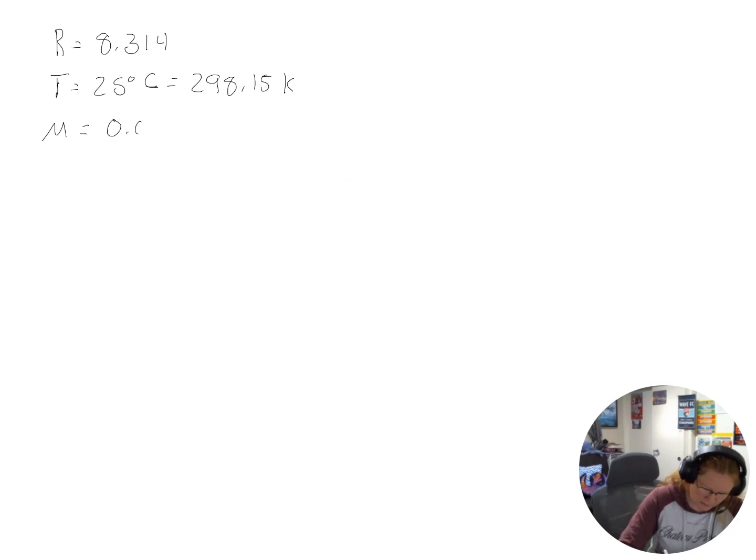We're going to use R is 8.314. Our temperature is 25 degrees Celsius, which is 298.15 Kelvin. And then our molar mass was 0.032 kilograms per mole.